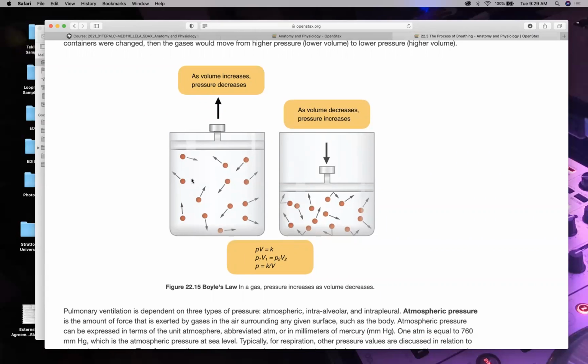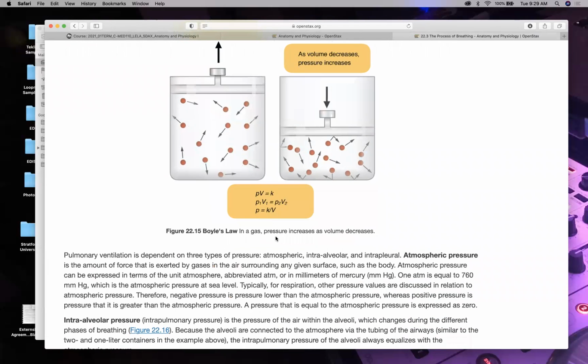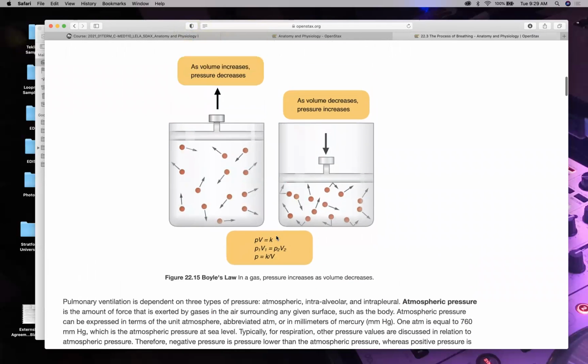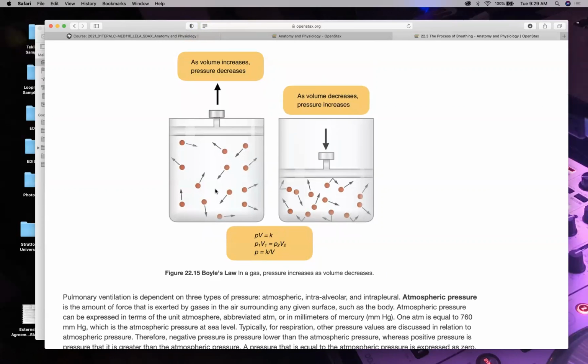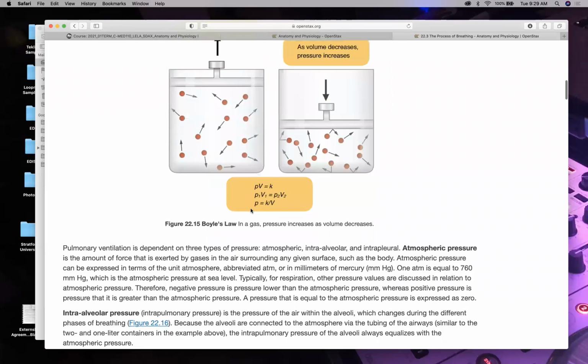So the pressure in this chamber, since the volume is increased, the pressure will decrease. But as a volume decreases, if I press down on something, what will happen? The pressure will increase. So that shows that pressure and volume are inverse of each other, meaning when pressure increases, the volume has to decrease. When pressure decreases, the volume has to increase. So they're kind of opposites of each other.